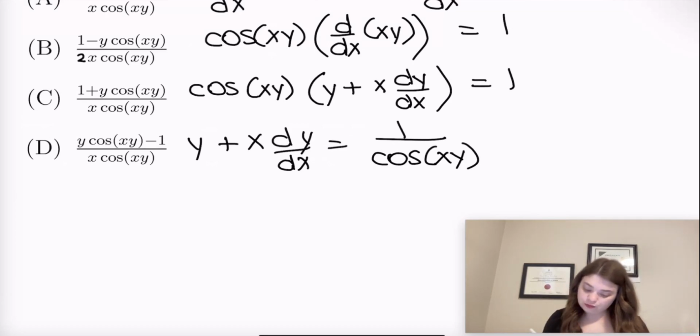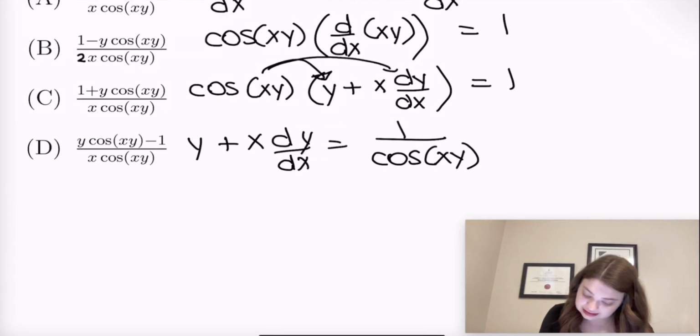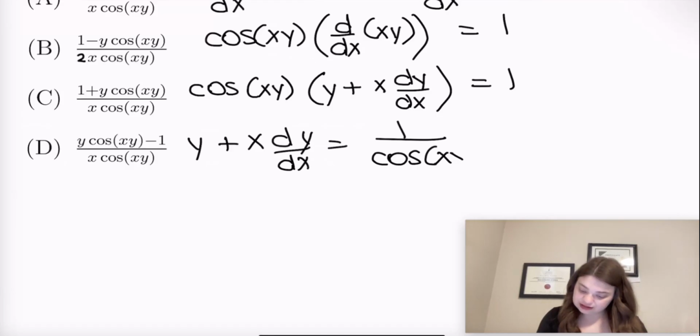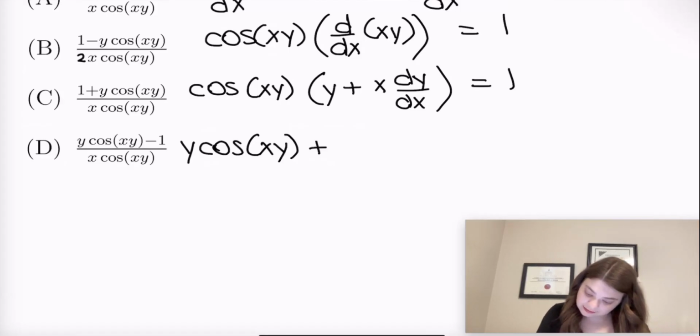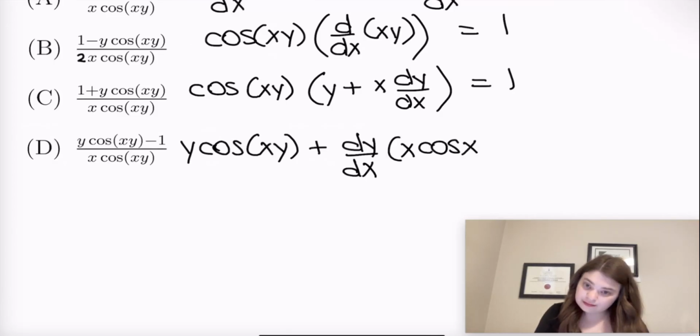Then we're going to subtract, or actually, you know what? There's a better way to do this. We can distribute this into both of these first, actually. So let's do that. That's probably a little bit better. Okay, so then we're going to get y cos xy plus dy over dx of x cos xy equals 1.